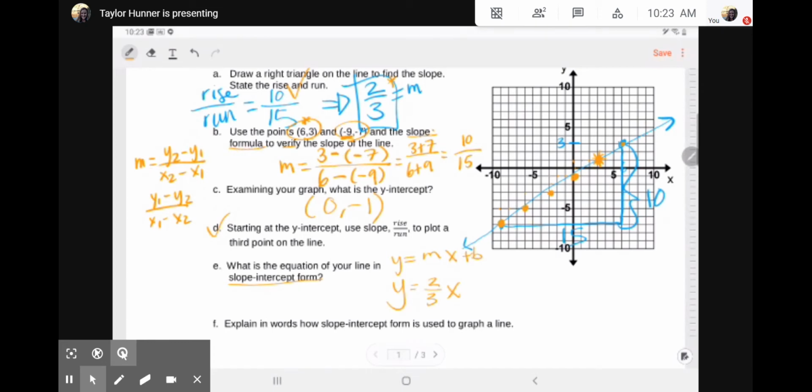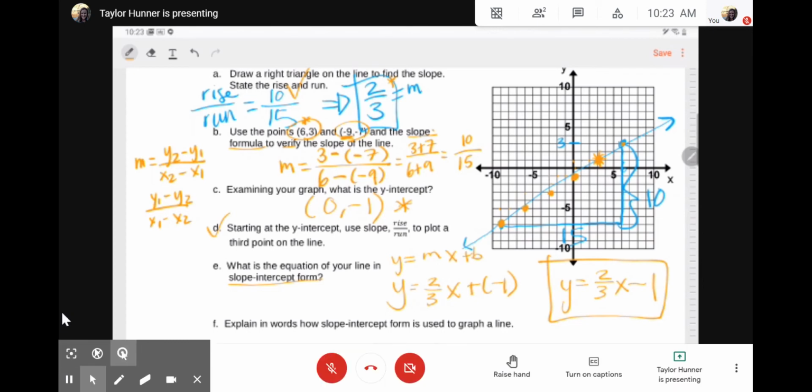The b was this (0, -1), because remember the b is the y-intercept. So I could write plus -1, or I could just write y = 2/3 x - 1.